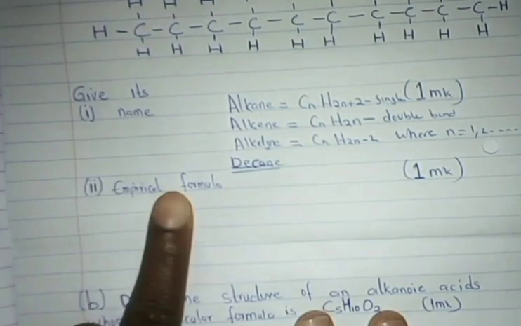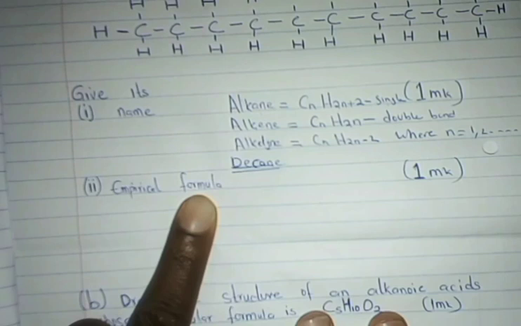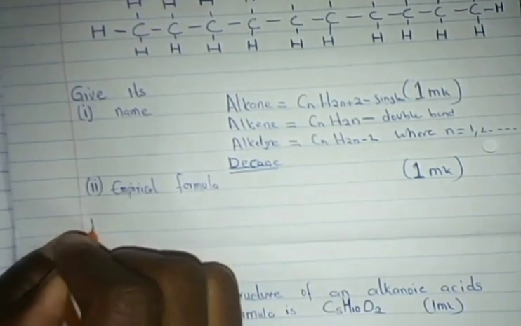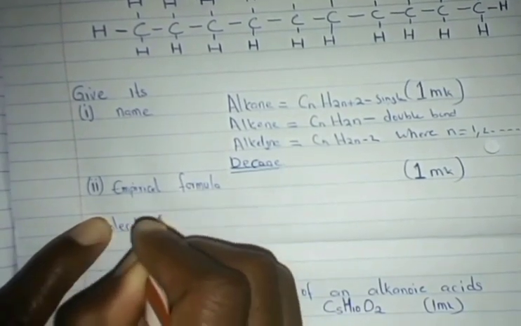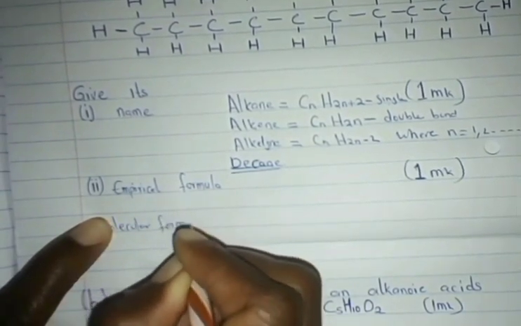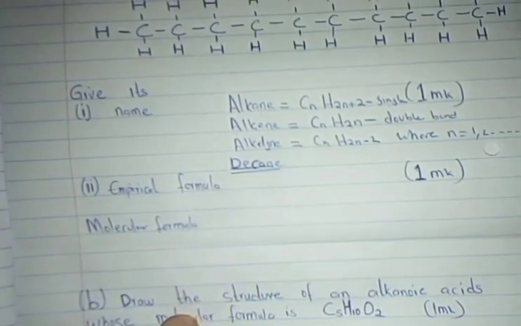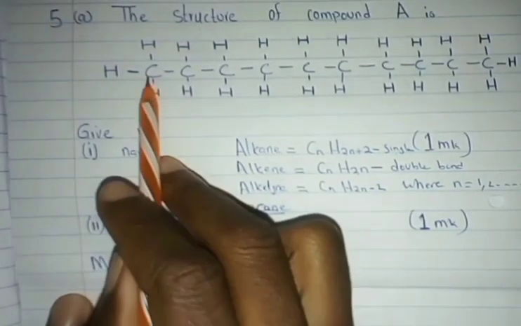Part (ii) is empirical formula. Okay, let's start with molecular formula. How do you get the molecular formula? To get the molecular formula, you come back to the structure and count the number of carbons.